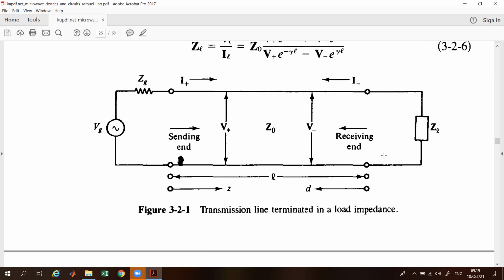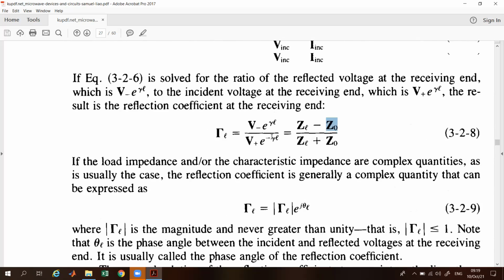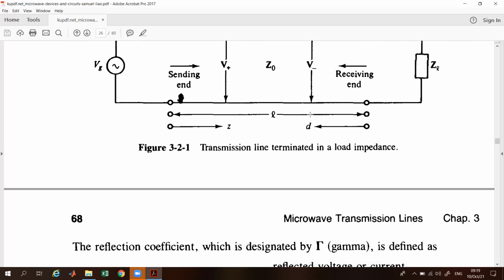When we are using the complete line, Z is equal to L at the load. But if you want to find it at a distance D from your load, then you write Z equals L minus D. So let's say you are finding it at this point.